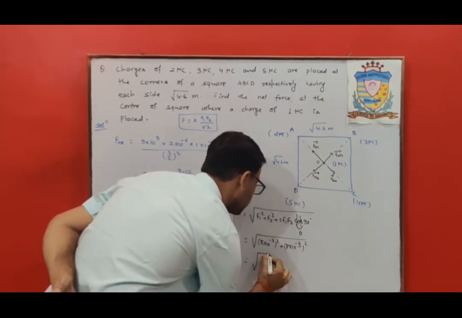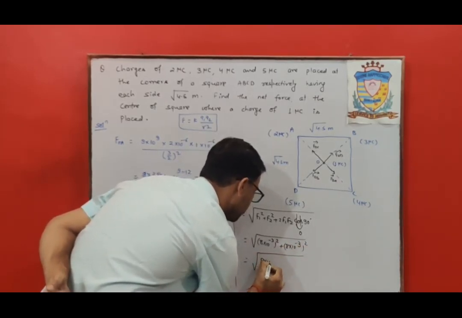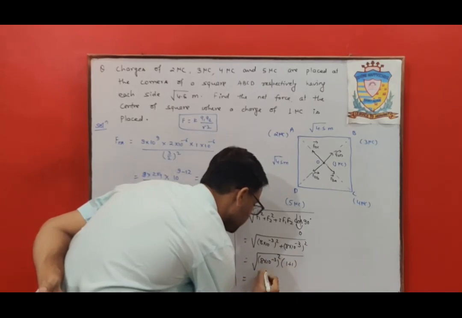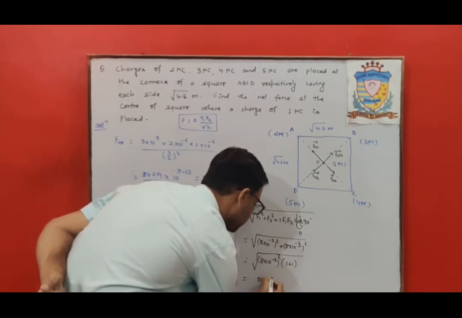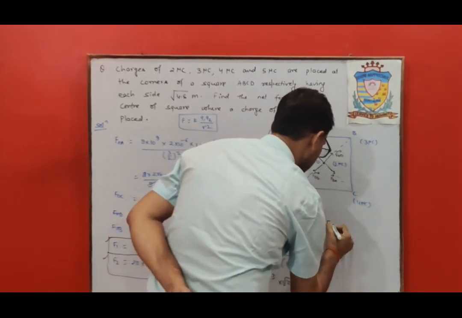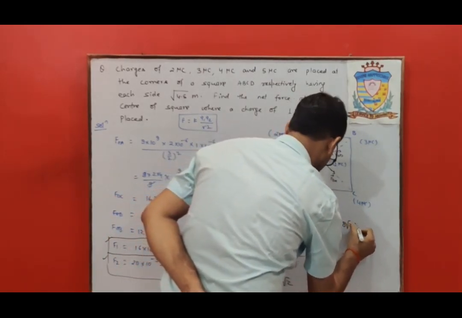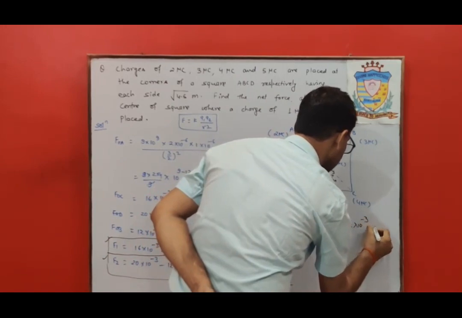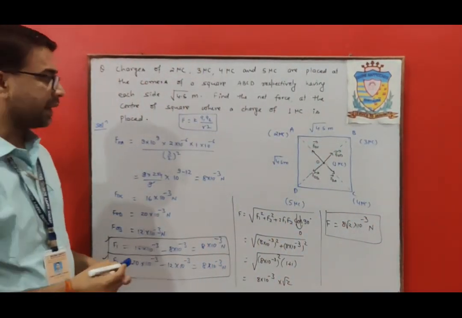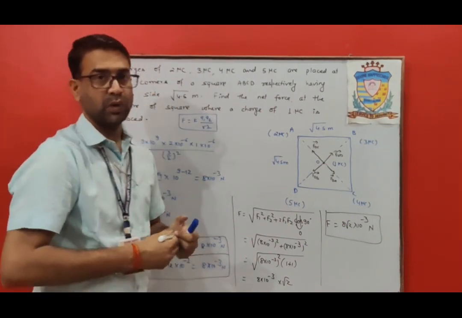That means 8 into 10 to the power minus 3 whole square into 1 plus 1. That means 8 into 10 to the power minus 3 into root 2, or F is equal to 8 root 2 into 10 to the power minus 3 Newton. This is the resultant force which will act at the center of the 1 coulomb charge.